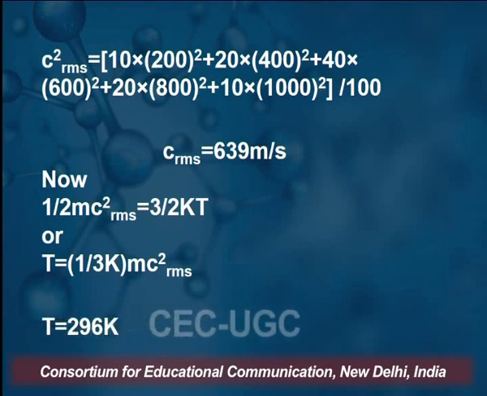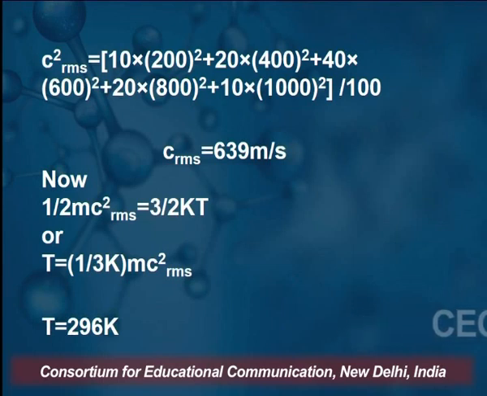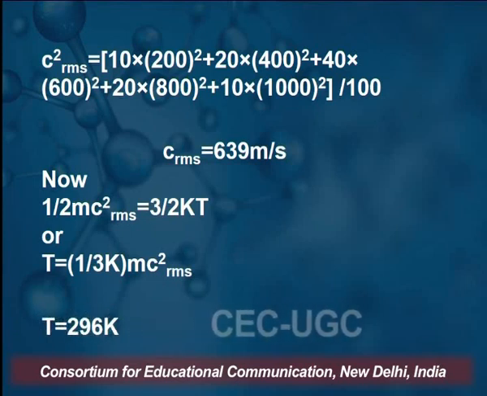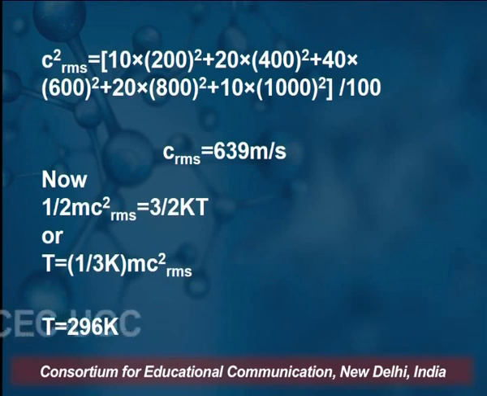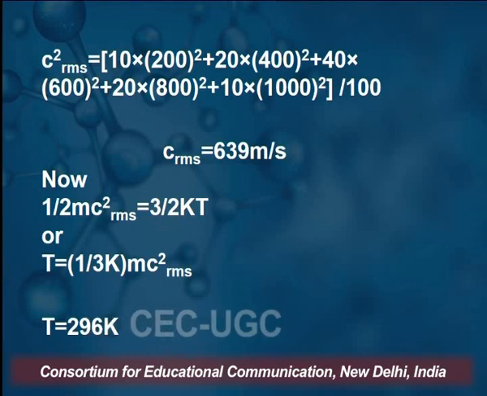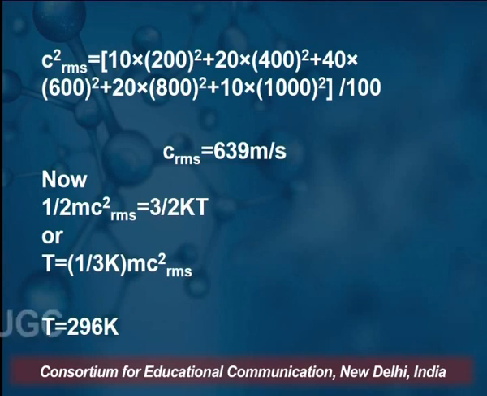T is equal to 1 by 3 into k, m C RMS square. k is the Boltzmann constant, m is the mass of a single gas molecule, C RMS has been calculated just above. Substituting the values, we get temperature as 296 Kelvin.